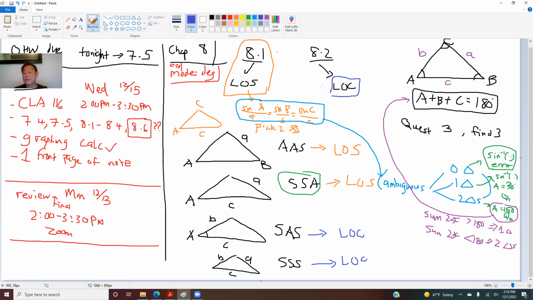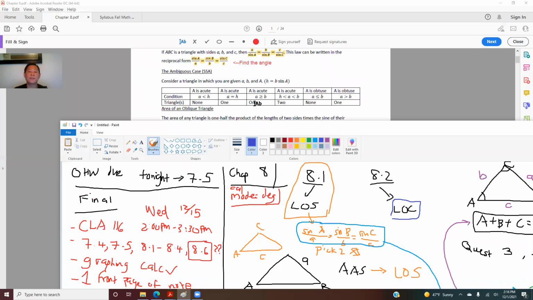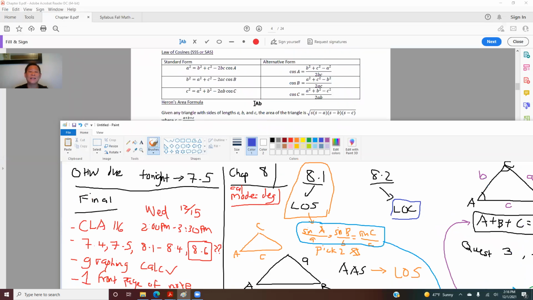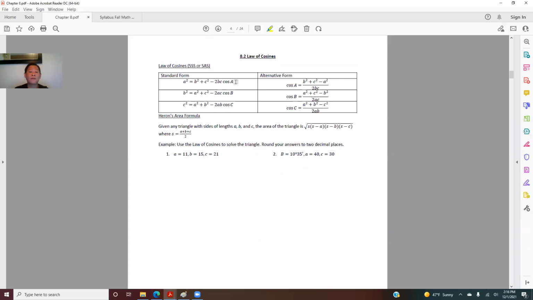For law of cosines, the formula is a little bit tricky, a little bit icky. Okay. The law of cosines formula is given by this, and they all look the same.